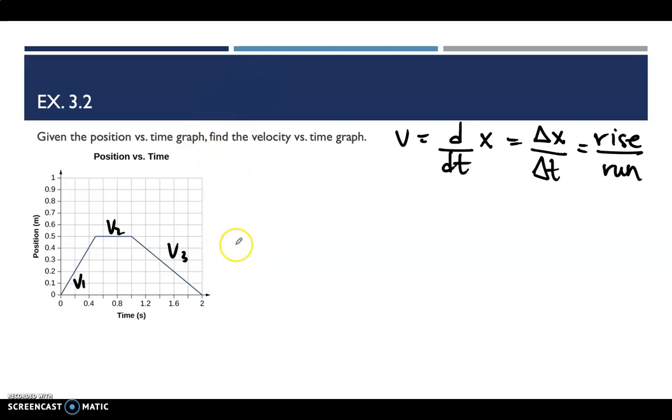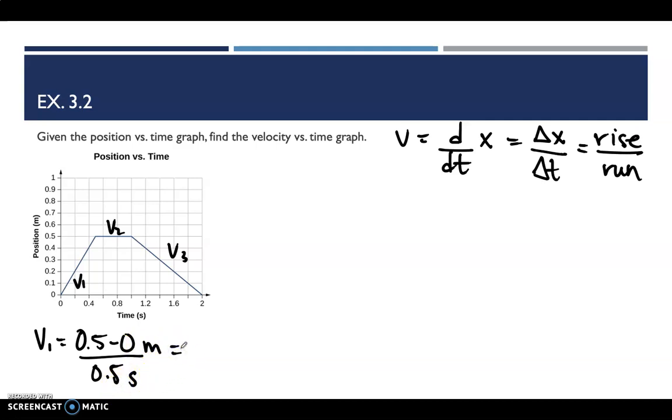For V1, the change in position is from 0 to 0.5 meters, so 0.5 minus 0, divided by the amount of time that went by, which is 0.5 seconds. This is in meters, that's in seconds.